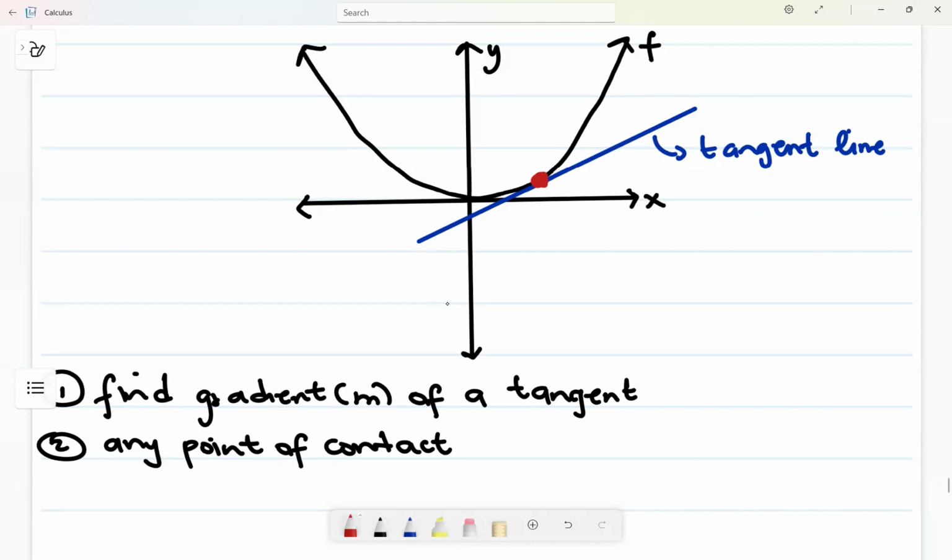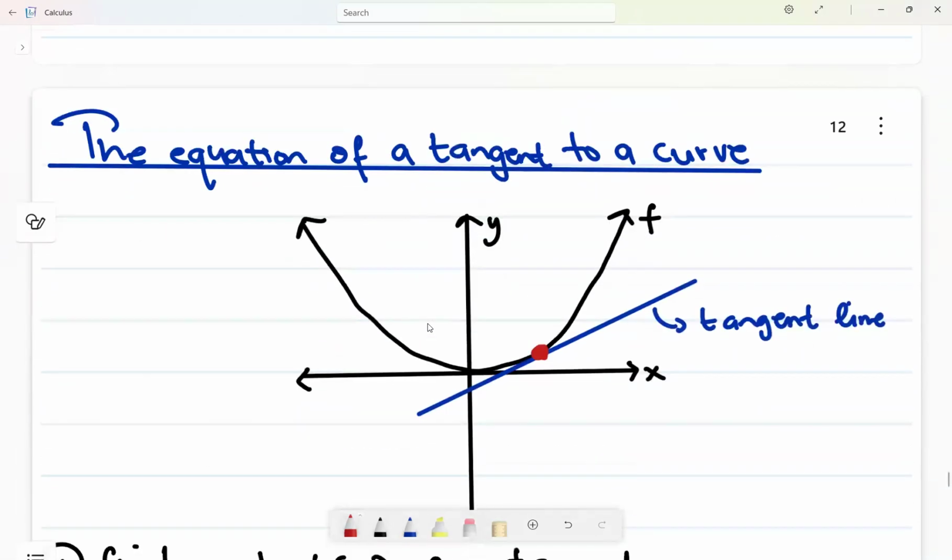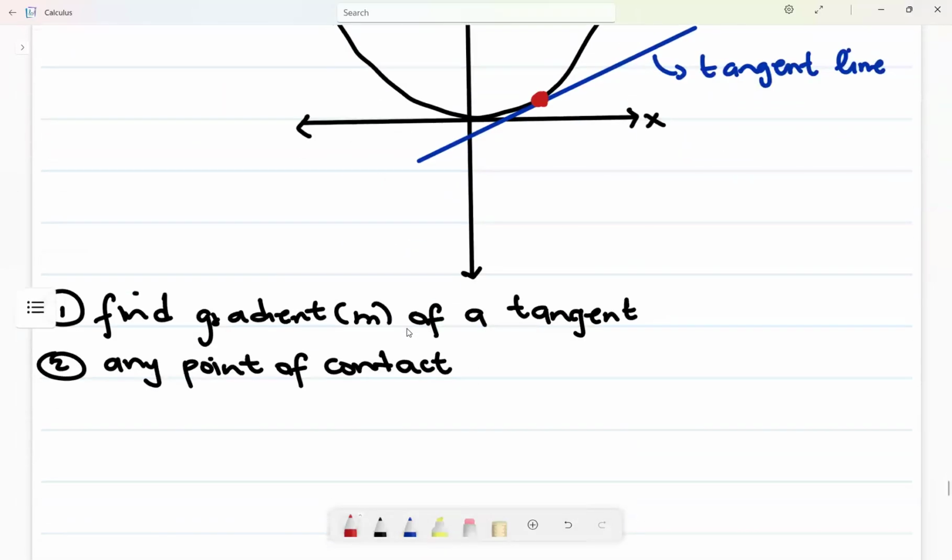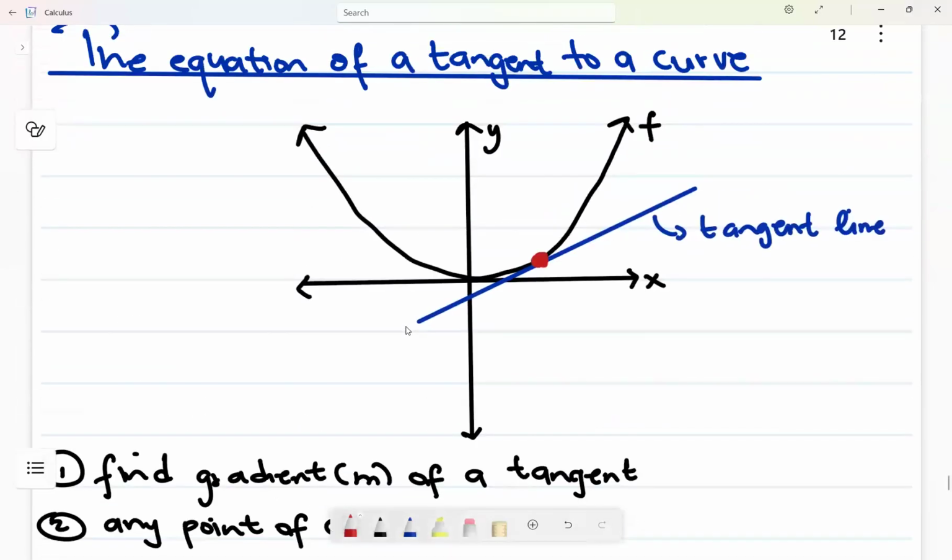Okay? Yes. Now, I want you to take some note of something. Remember this formula is y is equal to mx plus c. This gradient here, m, is equal to what? The derivative of the function.